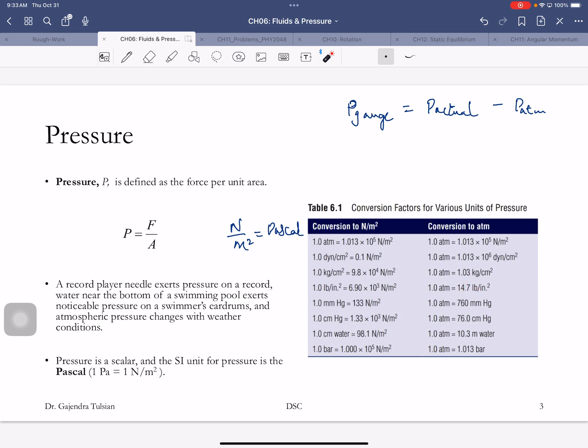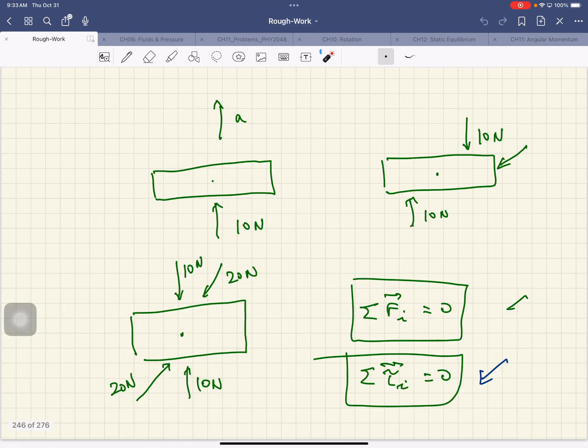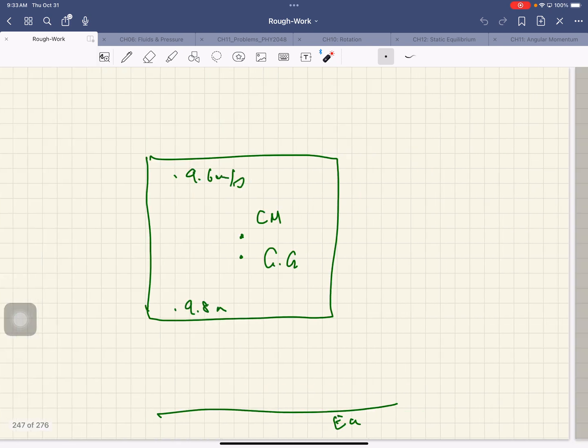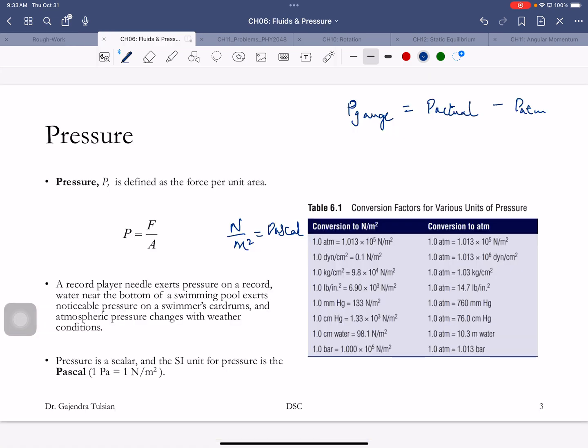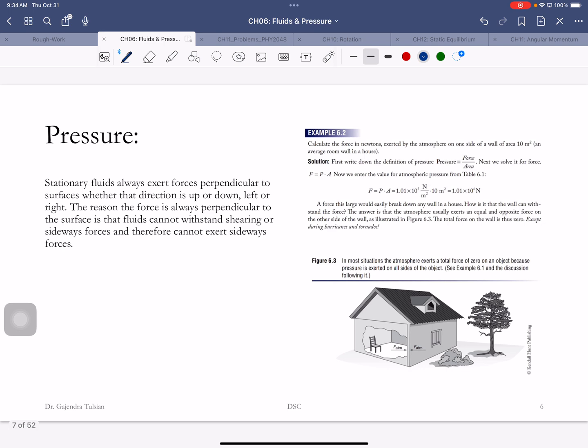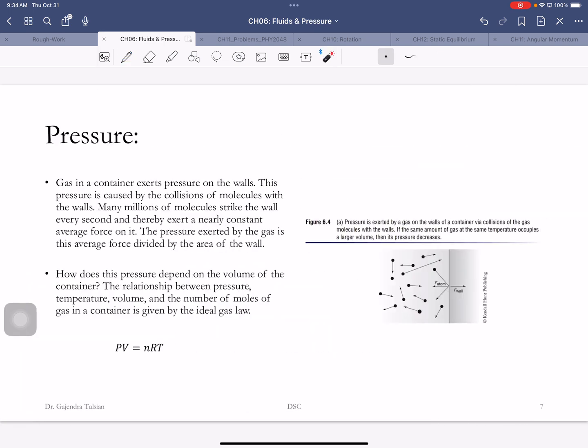All right, anyway, so here's 1 atmosphere, which is 15 pounds per square inch. What does that mean? Here's a square inch. You saw in the recordings, how does pressure arise? In this room there are air molecules and they're bouncing off the walls.